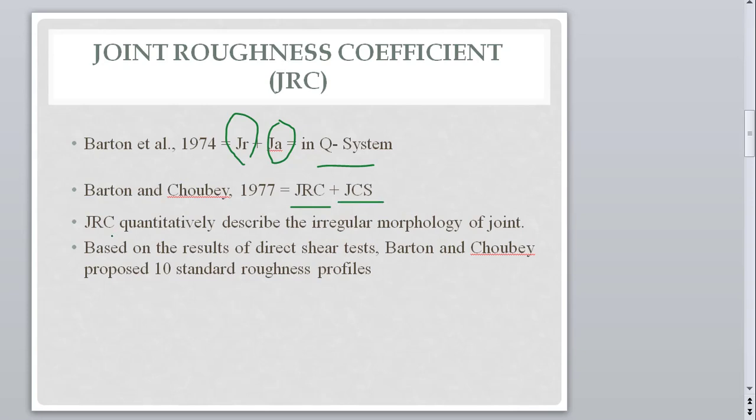JRC can qualitatively describe the morphology of the discontinuities present in the rock mass. Barton and Choubey proposed 10 standard roughness profiles, known as the Barton and Choubey 1977 standard JRC profiles.